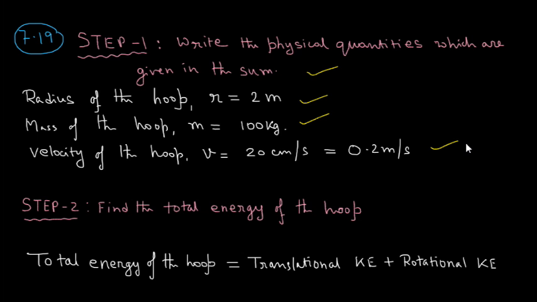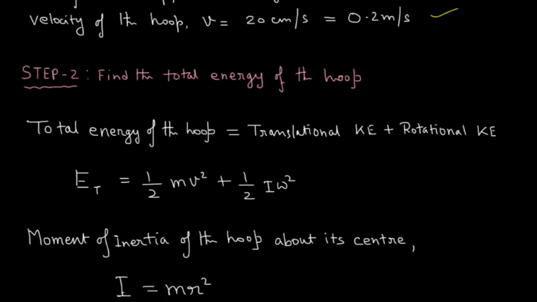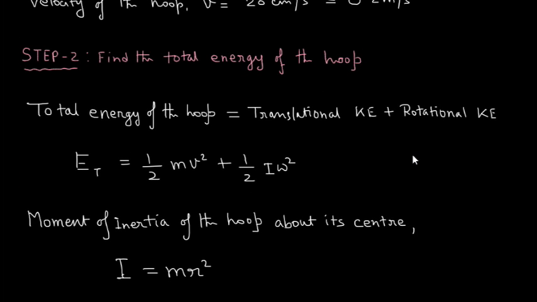Step 2 is total energy of the hoop. So how will we find the total energy? Total energy can be found as the summation of translational kinetic energy and rotational kinetic energy.